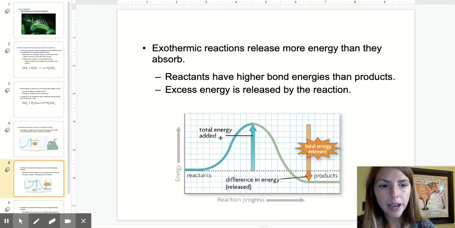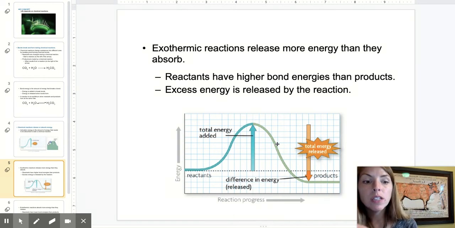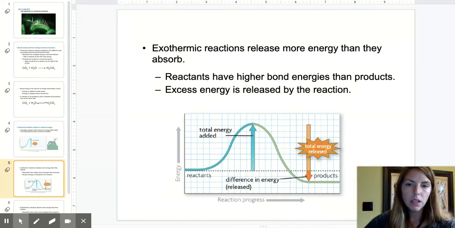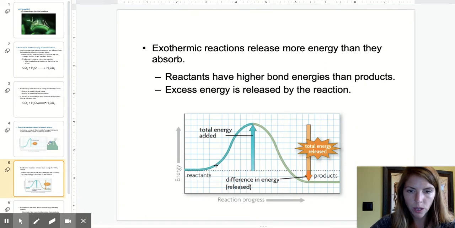Here we have exothermic reactions, and pay really close attention to the graph. In an exothermic reaction, we have our reactants, we have our activation energy. We're going up, up, up. When we get to the top, we roll down the hill. Again, this is our chemical reaction. Here are our products.